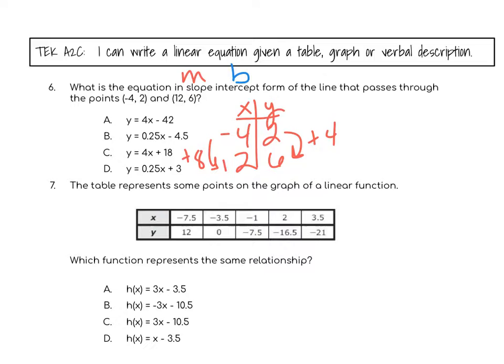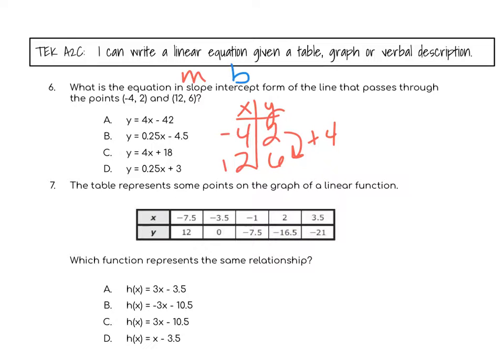So it looks like I did something wrong. Let's see, negative 4 and 2, 12 and 6. 2 plus 4 is 6. Negative 4 plus 8 is not right. Okay, there we go. The way I think about this is negative 4 to 0 takes me 4 units, and then to get from 0 to 12 is another 12.